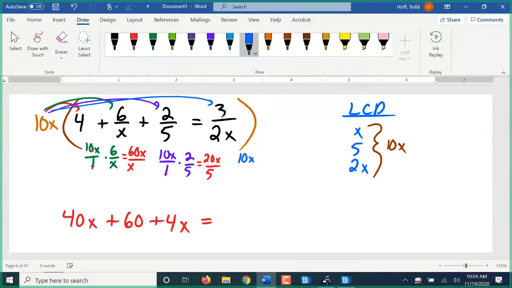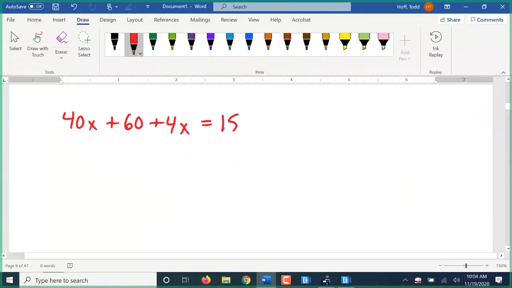So 10x over 1 times 3 over 2x. 10x times 3 is 30x. 1 times 2x is 2x. 30 divided by 2 is 15. X divided by x cancels out. So again, we have a somewhat simpler equation here.